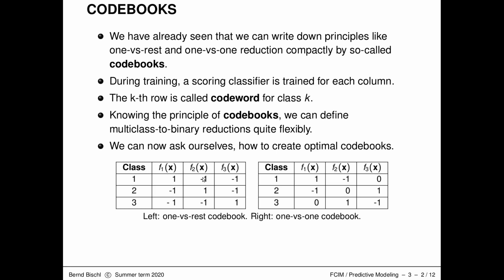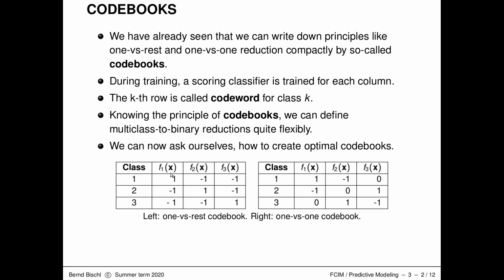because if I use my ensemble for a certain new X to produce a bunch of predictions, this pattern here is what I ideally would like to produce for an observation from class 1, and this pattern here is what I would like to produce for an observation of class 2, and so on. Now, the major problem comes from the fact that, of course, some of these classifiers will make mistakes on some observations.